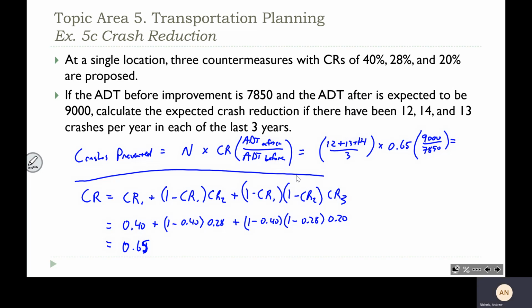So it should be 13 times 0.65 times 9,000 divided by 7,850.